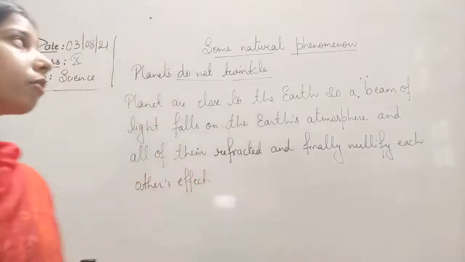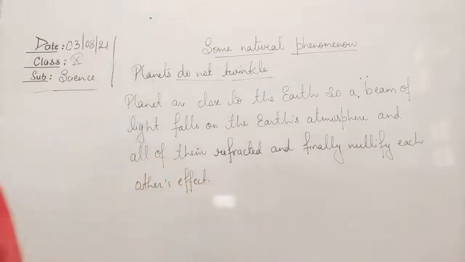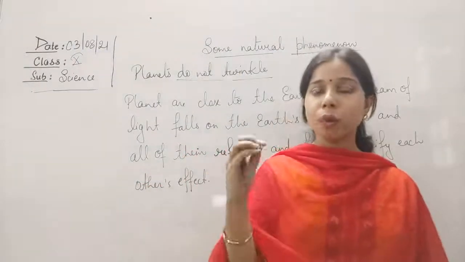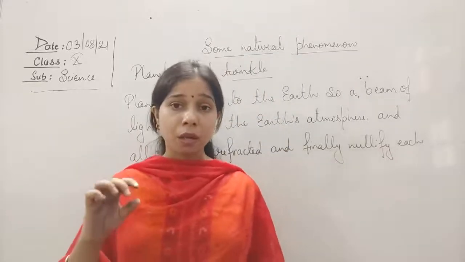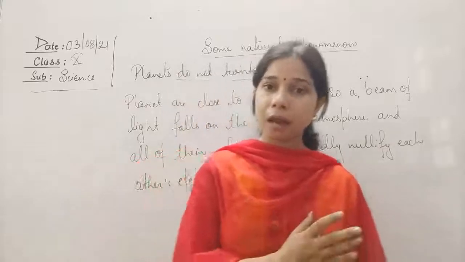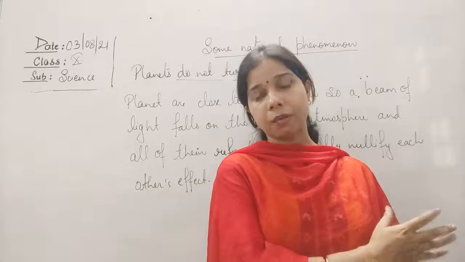Okay, so this is the first application of atmospheric refraction. Now let us see the second one: why we can see the sun. It means why sunrise is seen 2 minutes early, or why we can see the sun before sunrise, and why we can see the sun even after sunset.